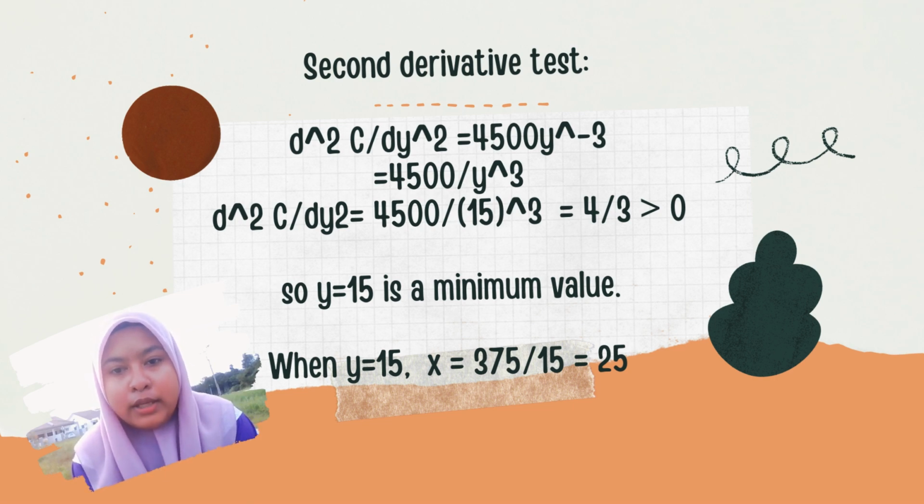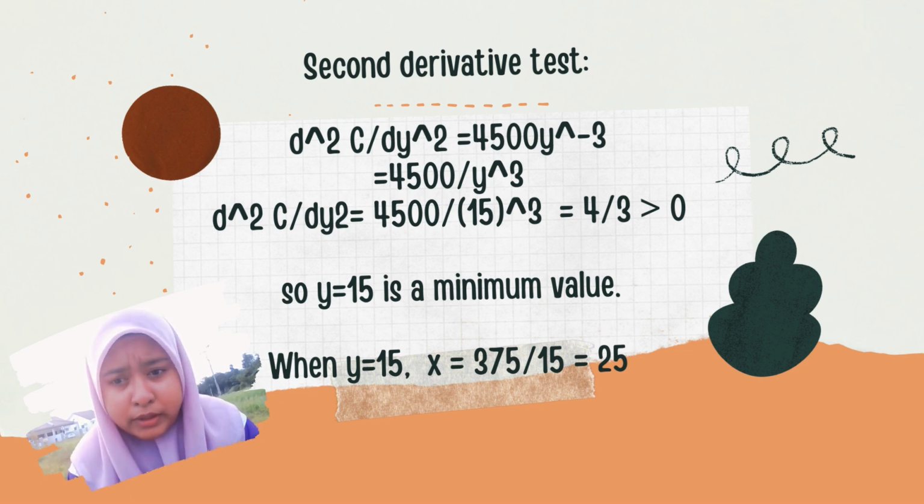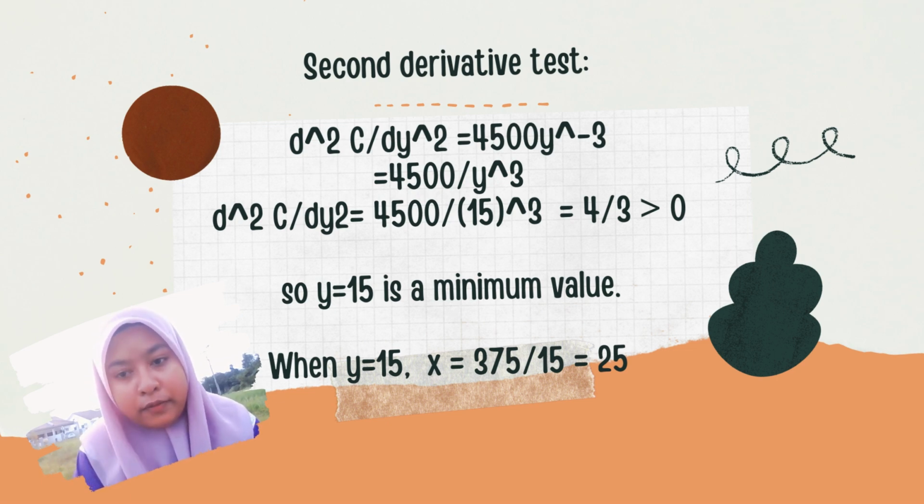So y equals 15 is a minimum value. So when y equals 15, x equals 375 over 15, which equals 25.